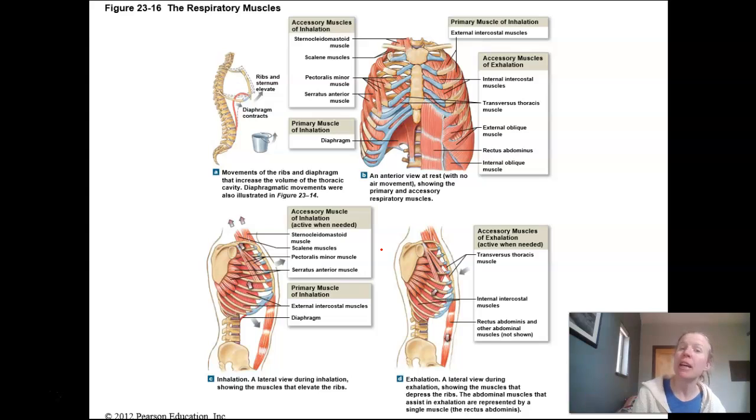Internal intercostals, serratus anterior, pectoralis minor, transverse abdominis, your abdominal obliques, rectus abdominis, and on. Those are considered accessory muscles for inspiration. Expiration in quiet breathing should be a passive elastic recoil. Active exhalation is going to require the internal intercostals and a lot of those abdominal muscles again.